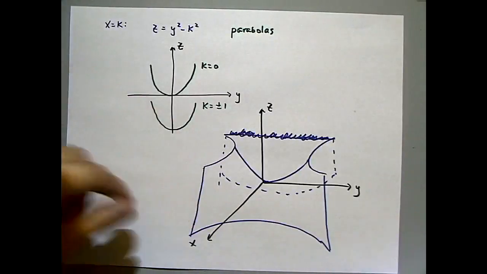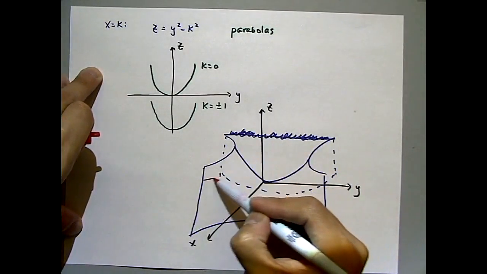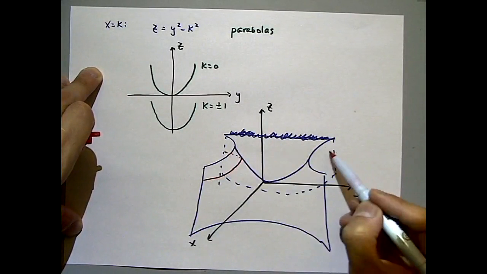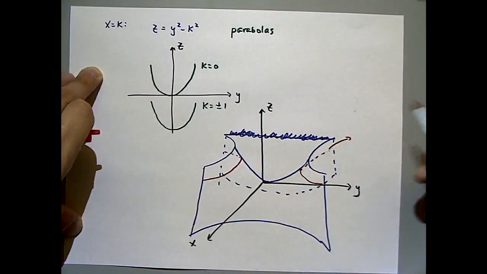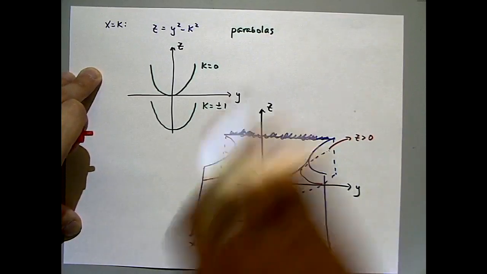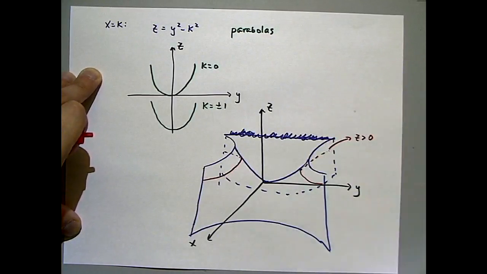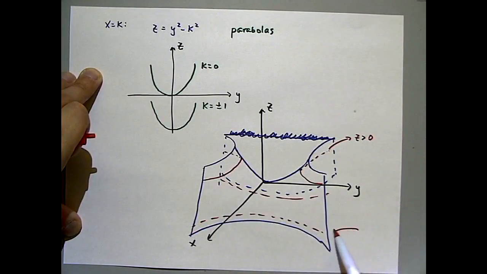Above the x and y plane, we see hyperbolas that are basically these guys. For positive z, we see a bunch of hyperbolas. Now, when you go below the x-axis, below the z-axis, what we're seeing are hyperbolas that open the other way, kind of like these guys.